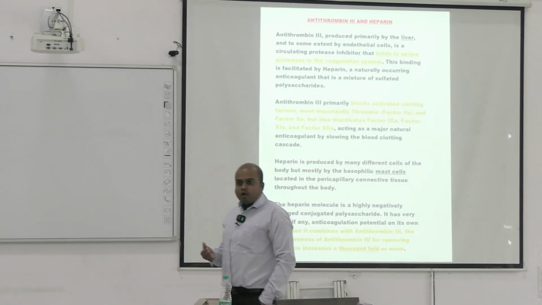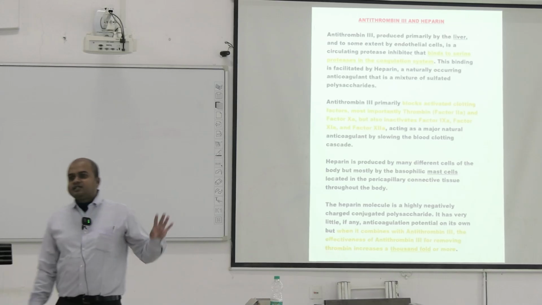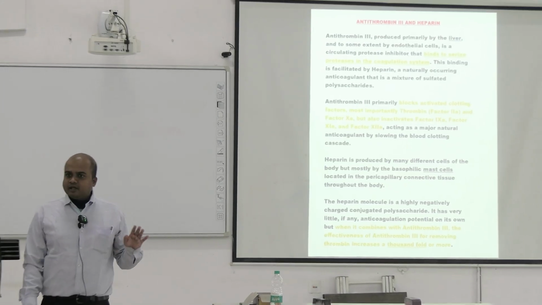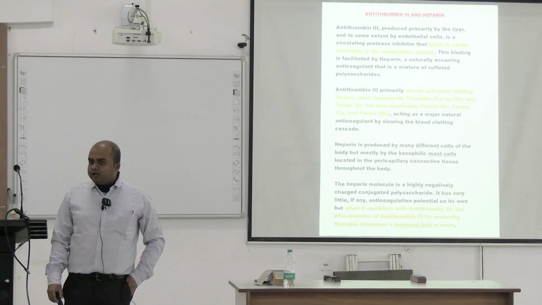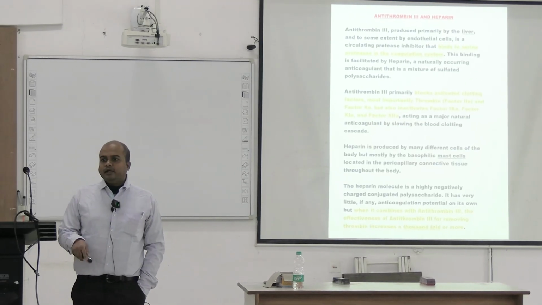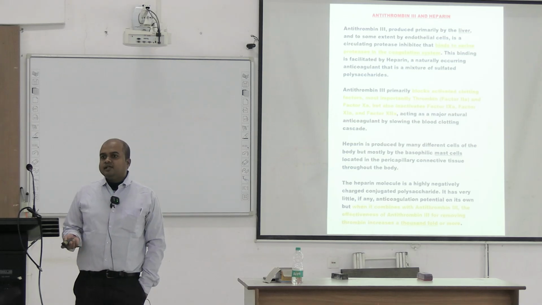So if these procoagulant factors, the coagulation clotting factors, are inhibited to some extent, then this helps to maintain blood fluidity. Otherwise, these factors would lead to blood clotting within the vessels itself. So antithrombin III is preventing that.